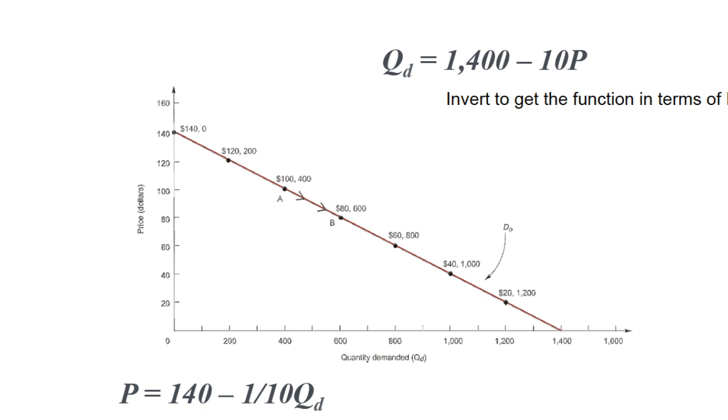And then on this axis, you have price in dollars. And over here you have, let me highlight, quantity demanded, on the x-axis, horizontal.